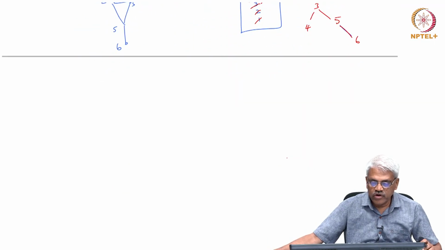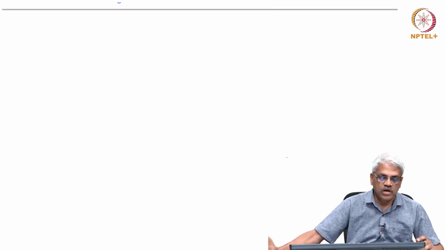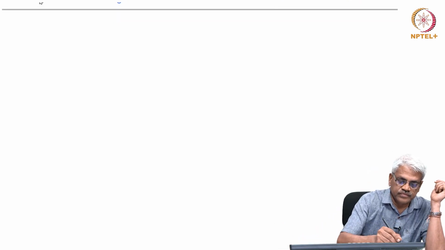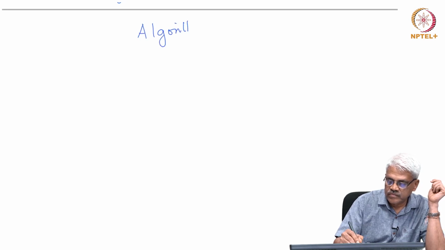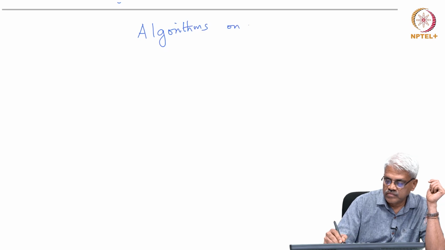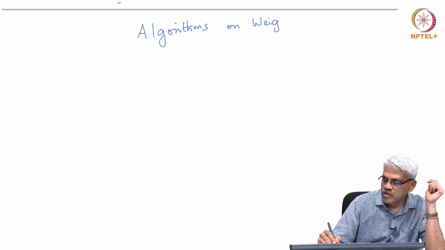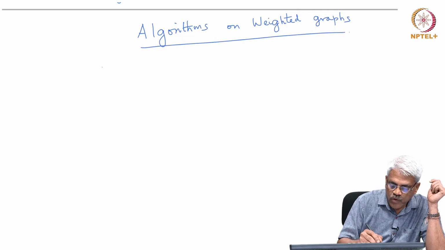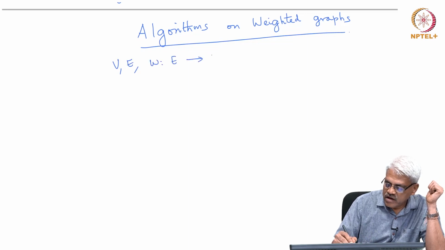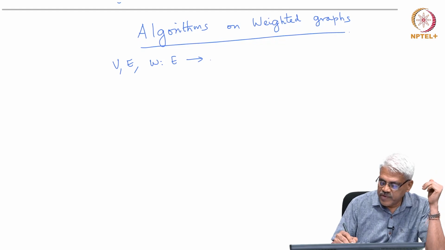Now, I will briefly talk about algorithms on weighted graphs, which means your graph, apart from V and E, has a weight on the edges, let us say some integers, positive integers, natural numbers.